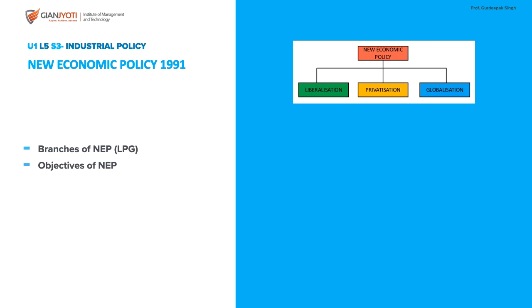That means you can produce anything, you don't have to come and get a license to increase your production or start producing a new product. That was one of the things, and they also looked at a lot of other things in terms of government intervention which they stopped. They gave a lot of leverage to the private business houses.